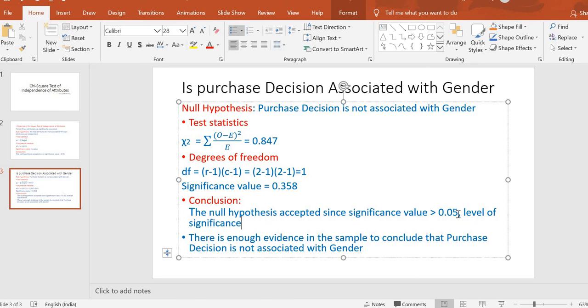Hence, we would say that the null hypothesis can be accepted, or in clearer terms, there is enough evidence in the sample to conclude that purchase decision is not associated with gender. This is the way we can perform the test and come to a conclusion for chi-square test of significance of association. Thank you for watching.